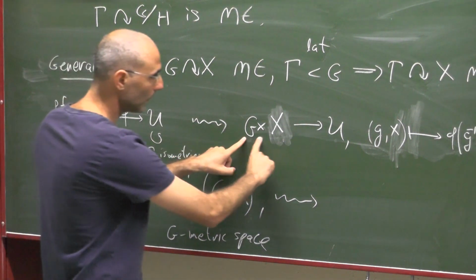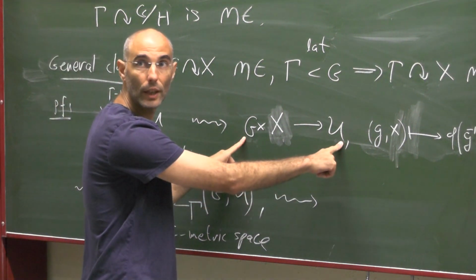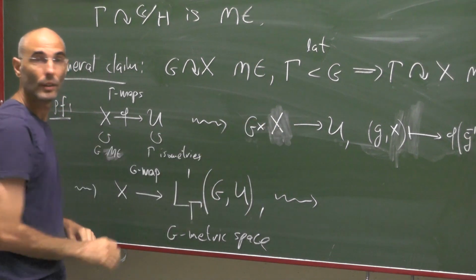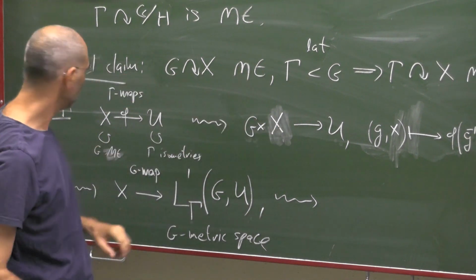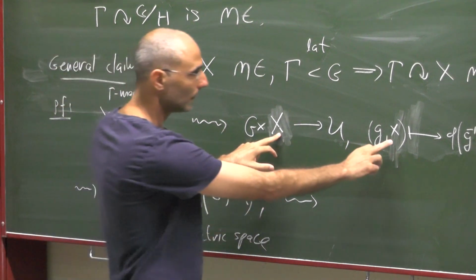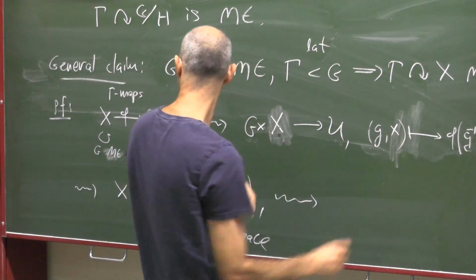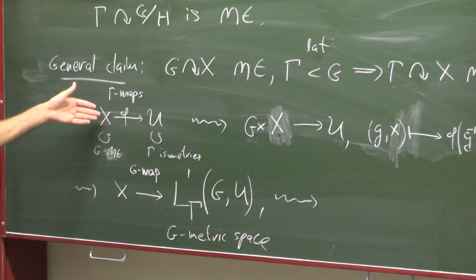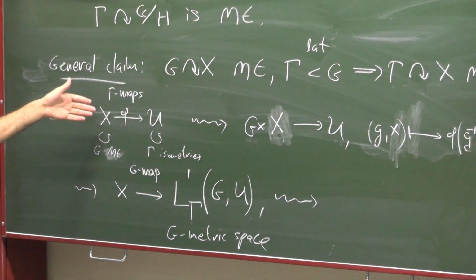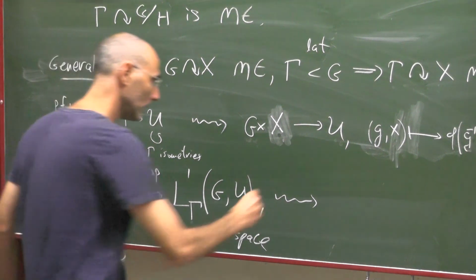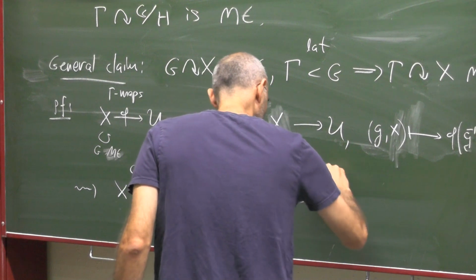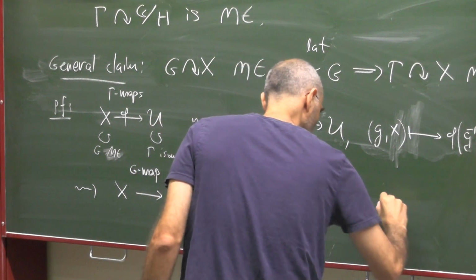So it means that this map does not depend on the X coordinate. Well, it means that the map phi was actually constant. GME for G implies that phi is constant.